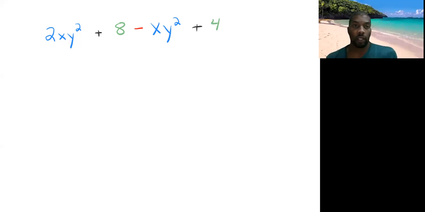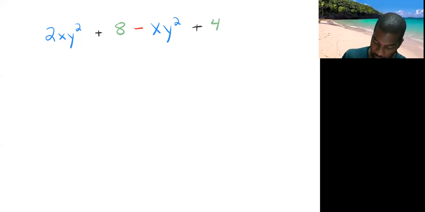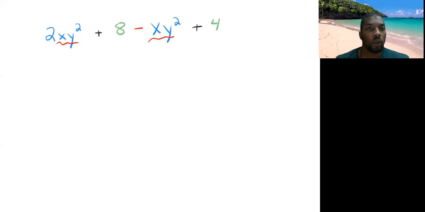And the only reason it's trickier is because what we have, as you've noticed, is this xy squared. So some people think that it is x plus y squared, or it's some type of new variable. You just treat it like a normal variable.